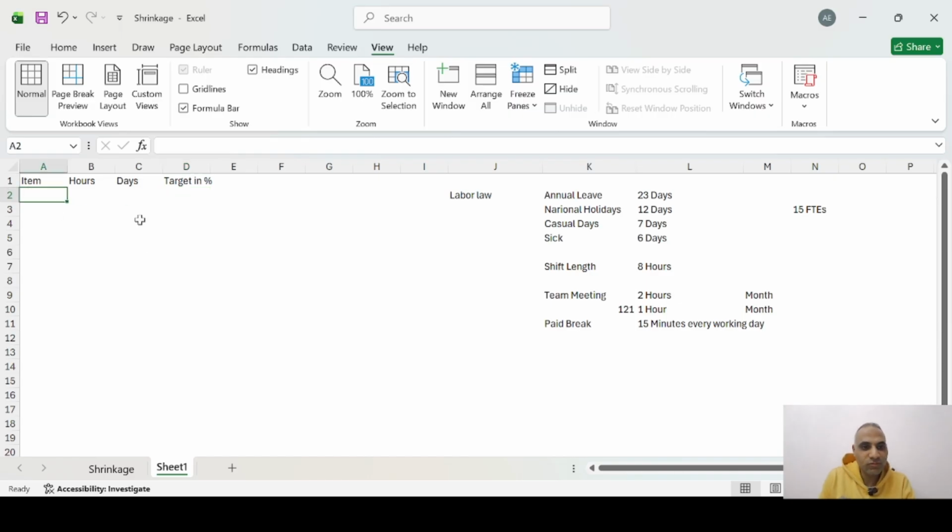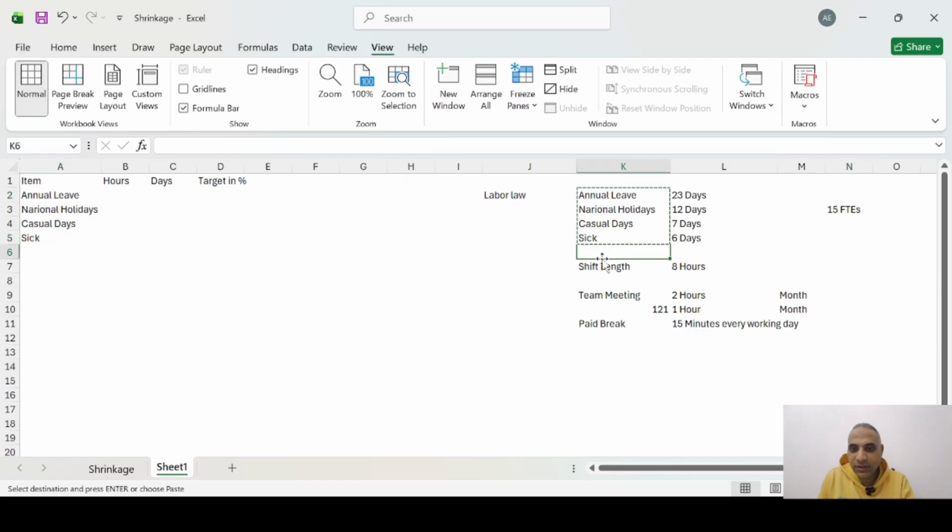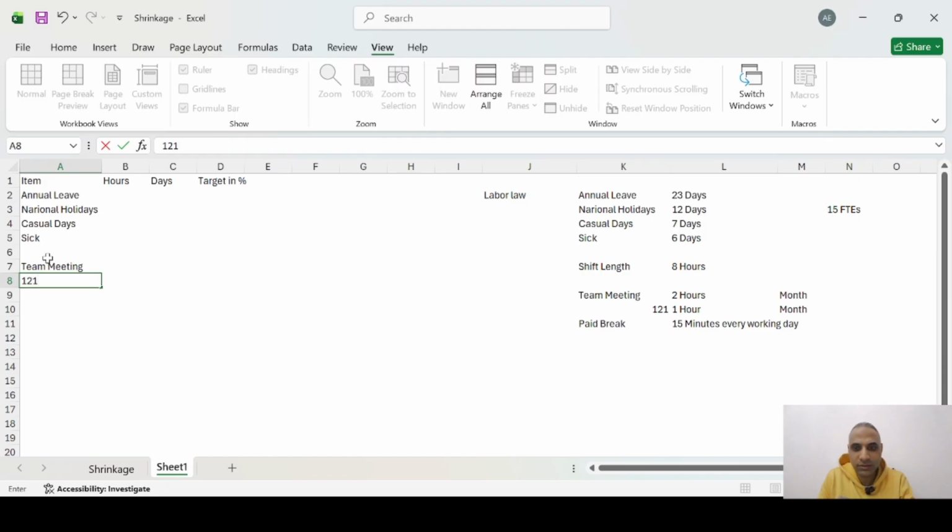Well, based on the labor law that we have: annual, national holidays, casual, and sick. Let's consider them over here. And after this, they said that we need to have team meeting, 1-to-1, and paid break.